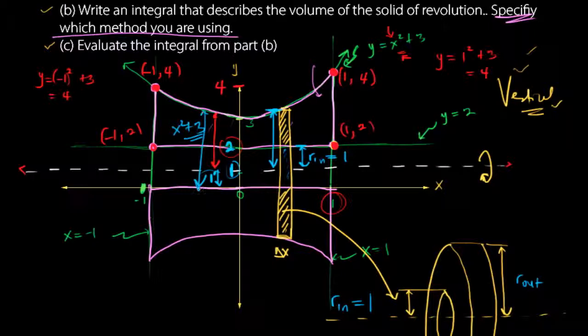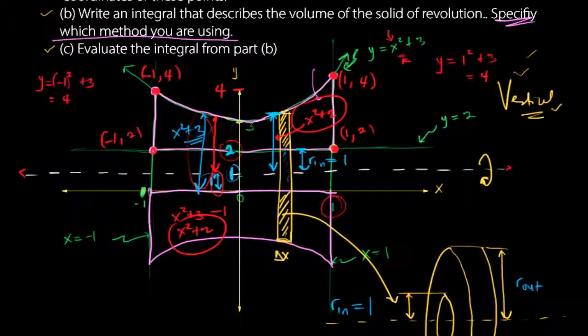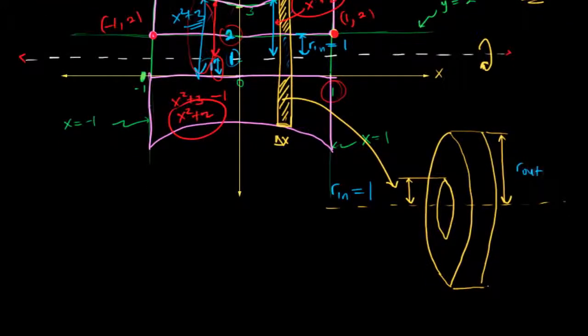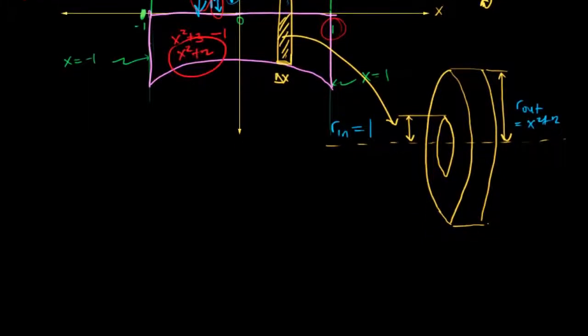So to find the remaining part, I deduct 1, so that's x squared plus 3 minus 1, and that is x squared plus 2. So the length of this is x squared plus 2, which tells me that my outer radius is x squared plus 2.